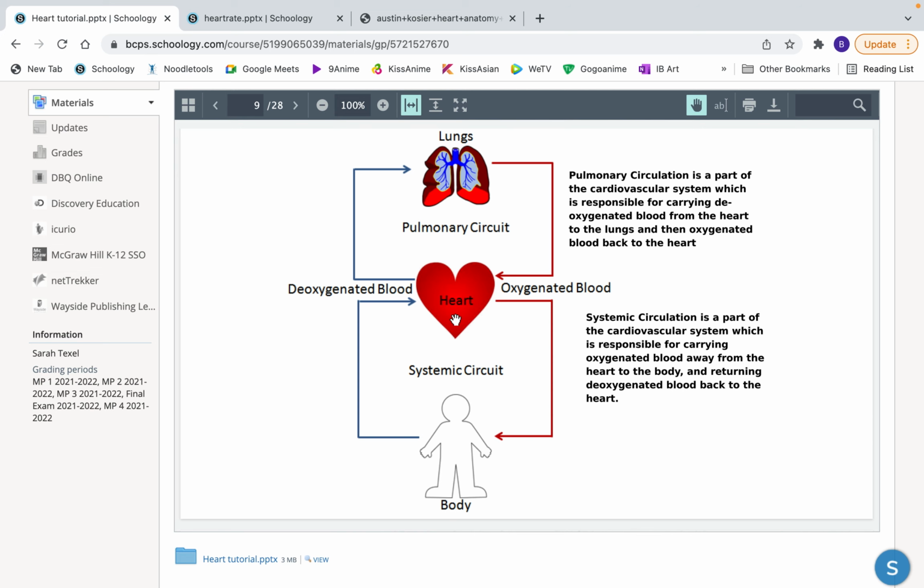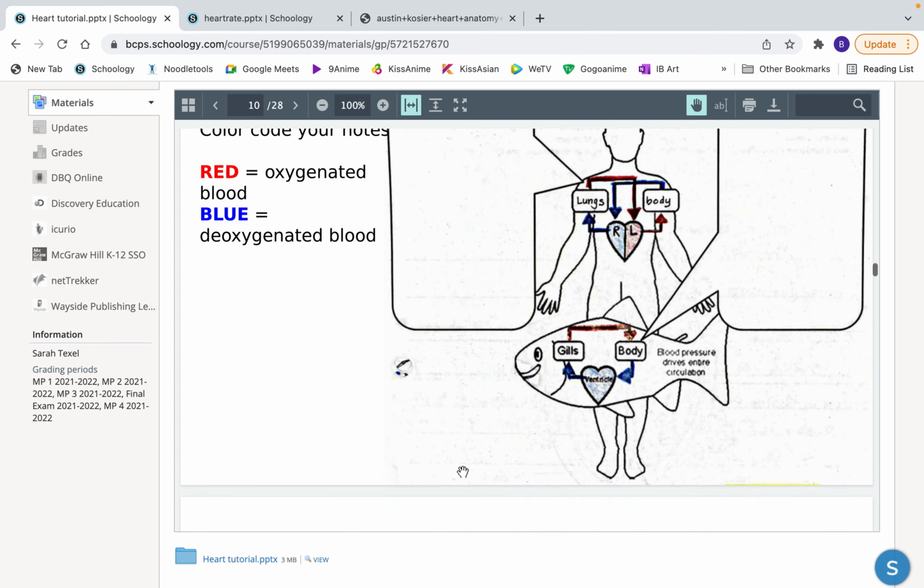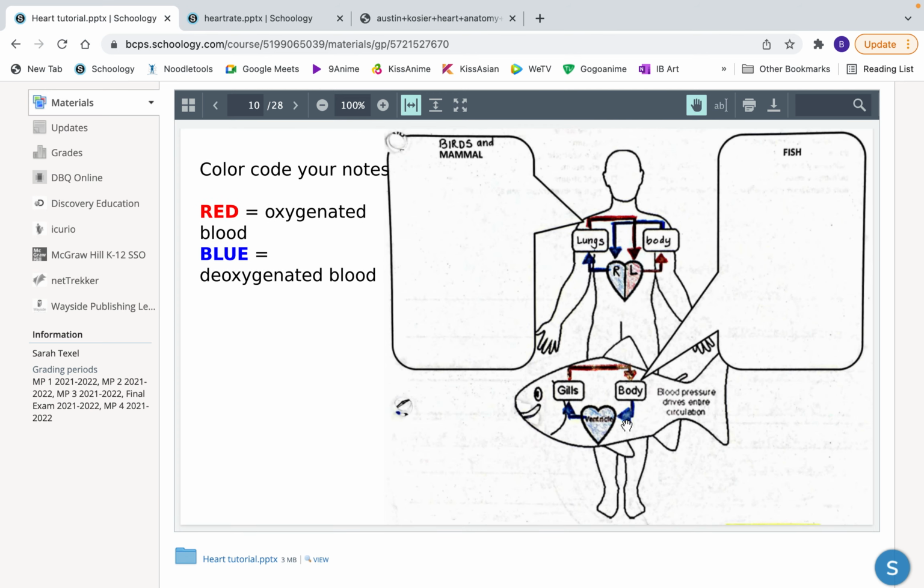So in this way, there's a double circulation system, because it's going to the heart and then to the lungs and back to the heart before going to the body. If we wanted to compare that to fish, we can see here that it's just going from the heart to the gills to the body, to the heart, to the gills, to the body. And the gills is where they're going to get their oxygen.